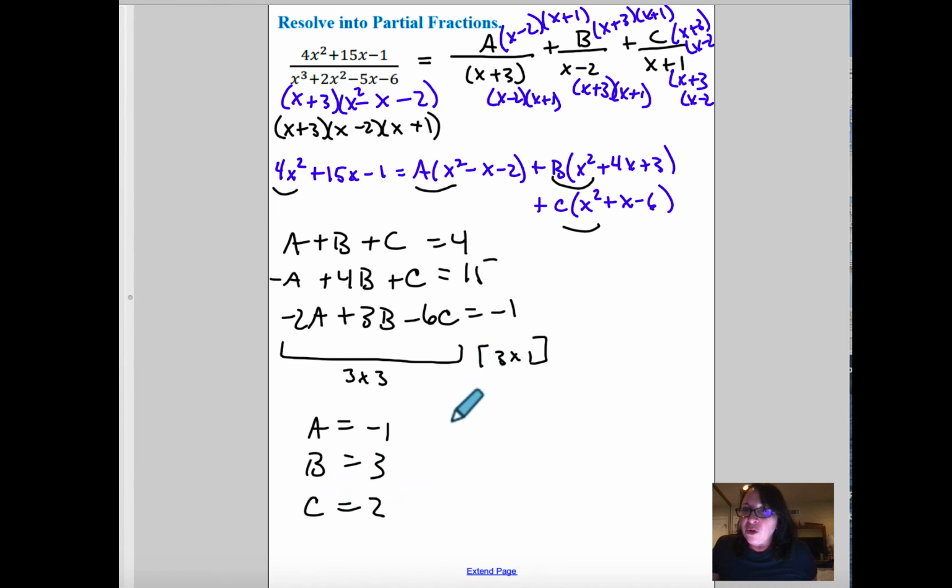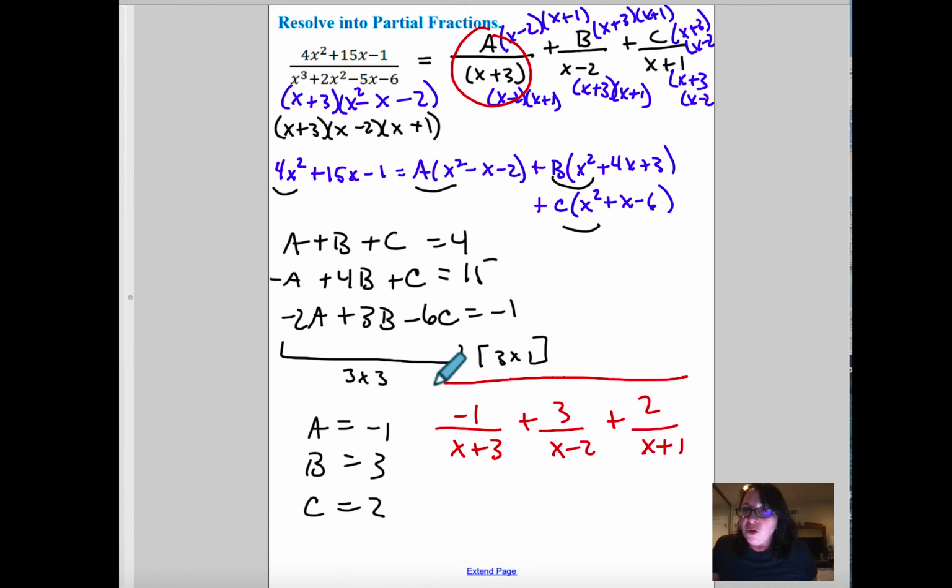Use a calculator, but the way you write your answer looks like this. That negative 1 goes above the a, so that's negative 1 over x plus 3 plus 3 over x minus 2 plus 2 over x plus 1. And so this right here is the solution.